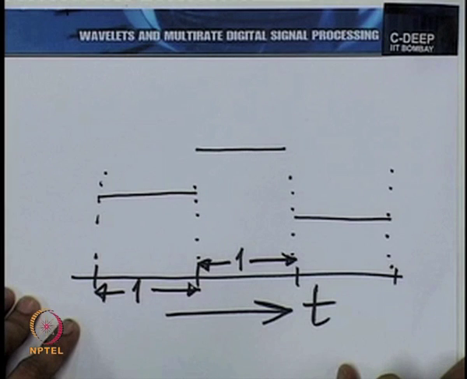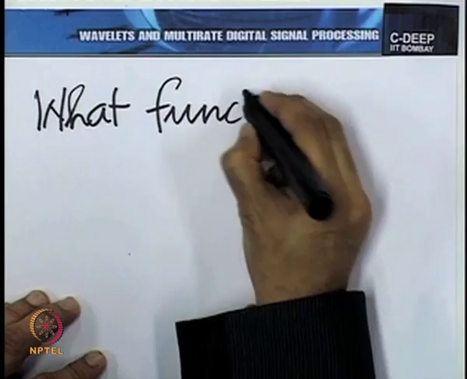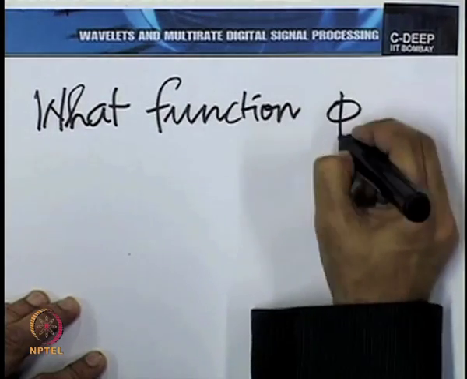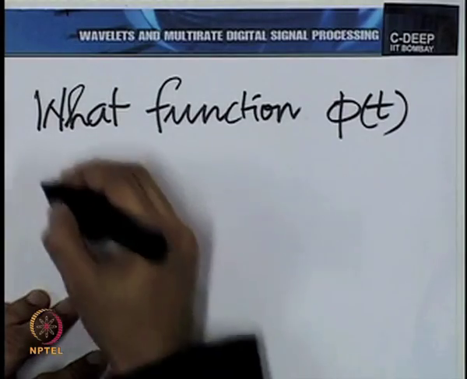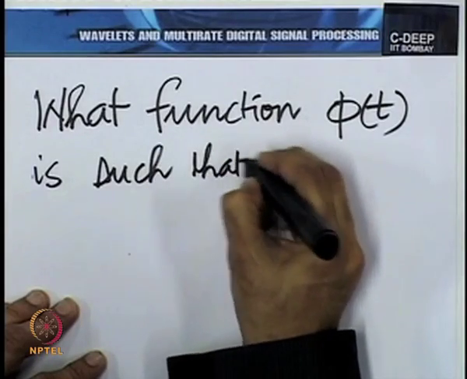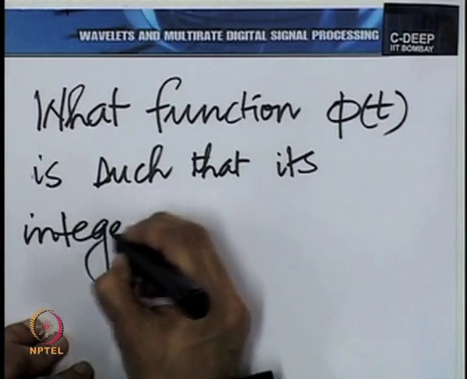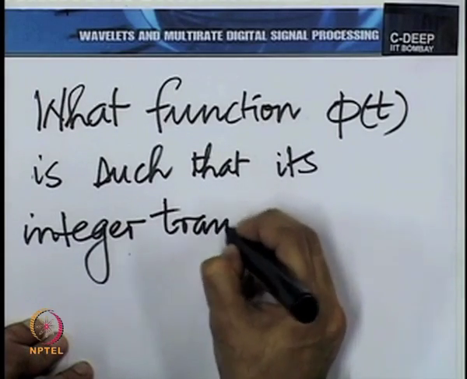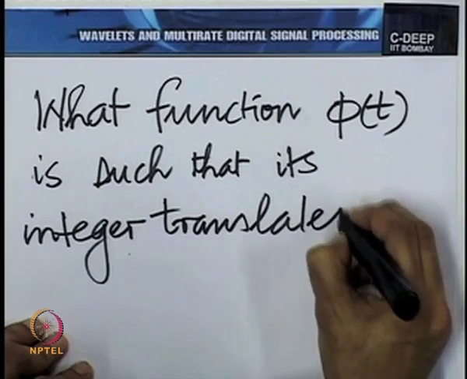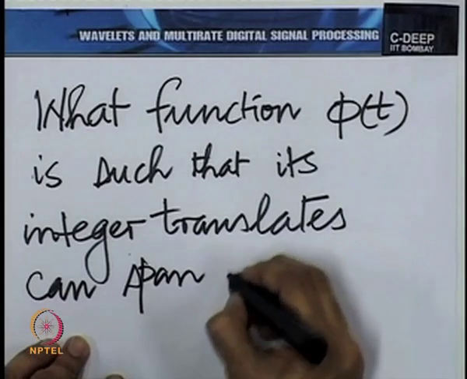So, essentially we want a function, let us call it phi of t now. So, what function phi of t is such that its integer translates can span this space?